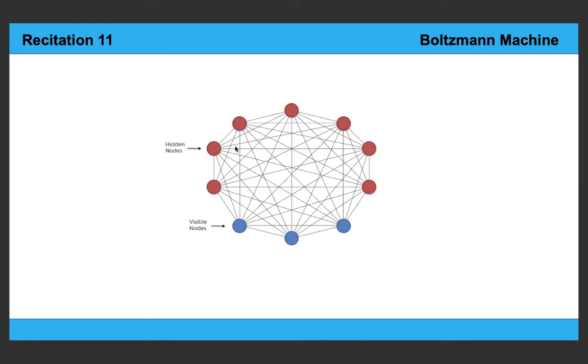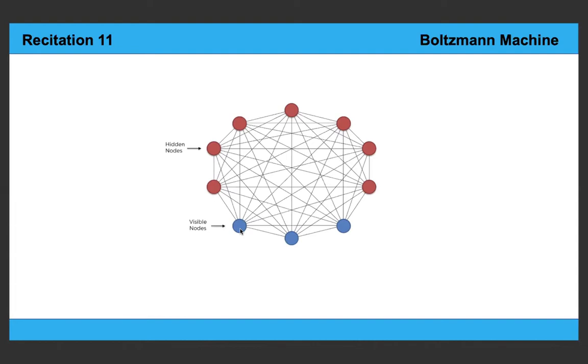This graph shows what a Boltzmann machine looks like, and it is quite similar to a Hopfield network. The only difference is that the activation of each node is not deterministic. In a Hopfield network, if the input is below zero the node is turned off, and when it's over zero the node is turned on.